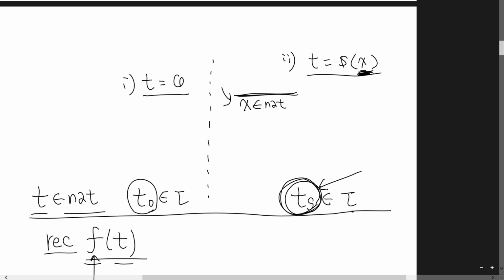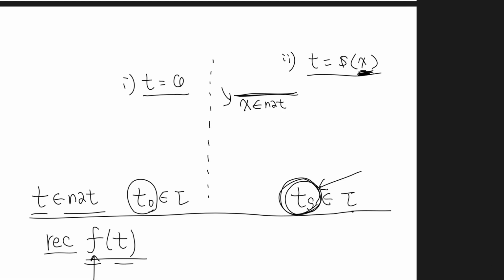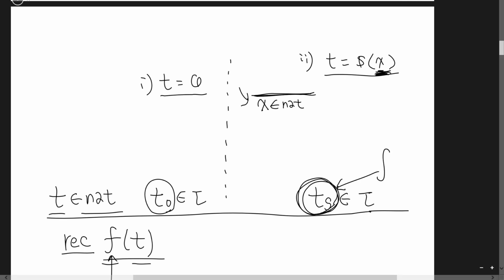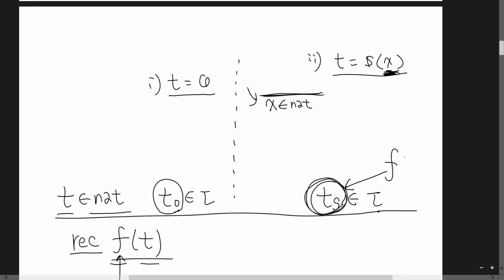And this recursive call will obey the syntactic constraint, which is you may make another recursive call f, but the argument must be x. That's the syntactic constraint imposed by the primitive recursion.